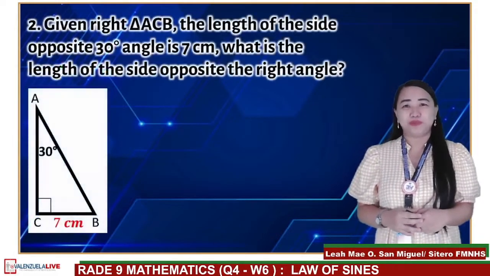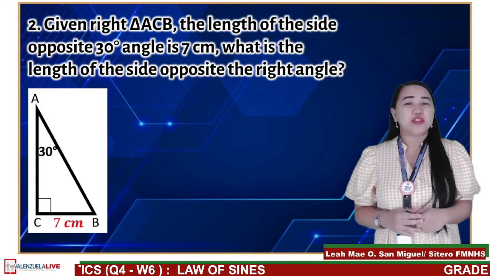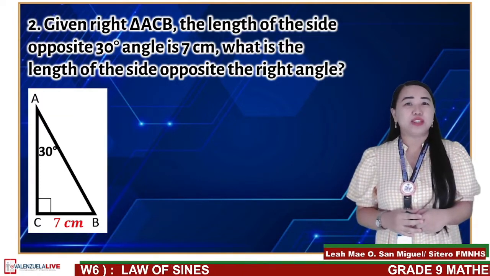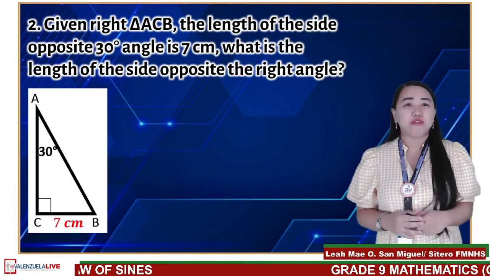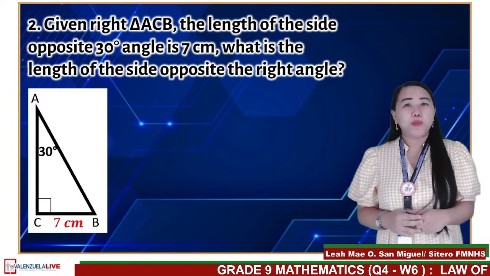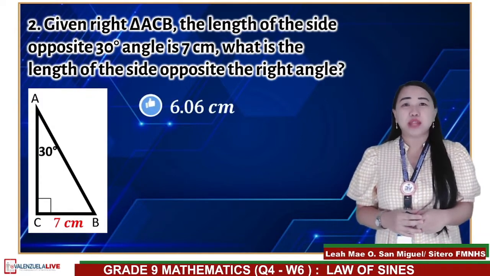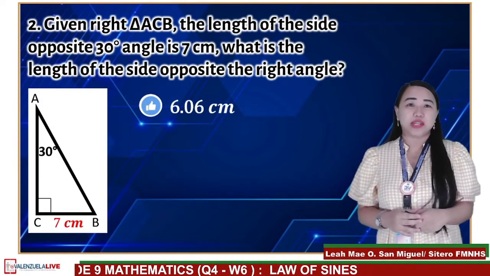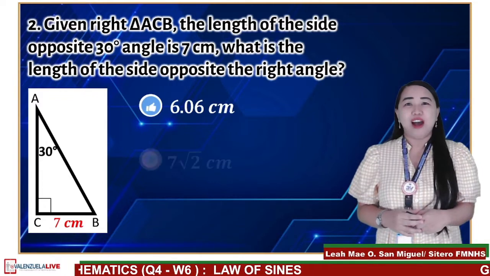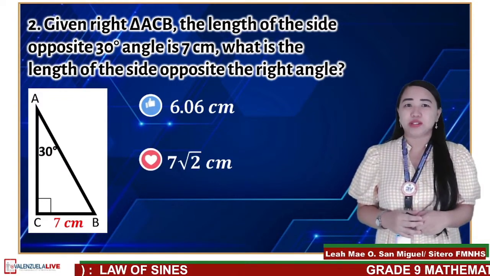Number 2. Given right triangle ACB, the length of the side opposite the 30-degree angle is 7 centimeters. What is the length of the side opposite the right angle? Click like if your answer is 6.06 centimeters. Heart react, 7 square root of 2 centimeters.